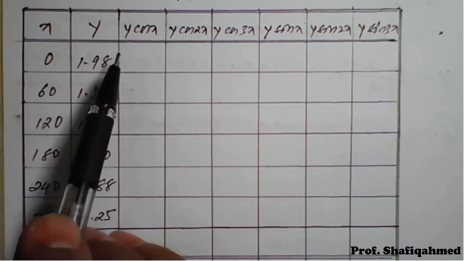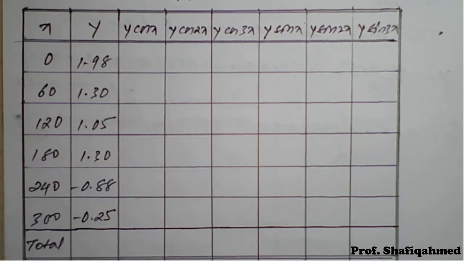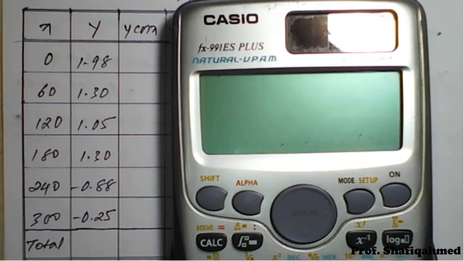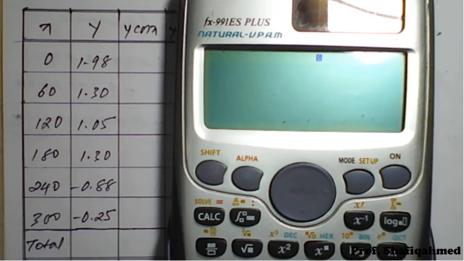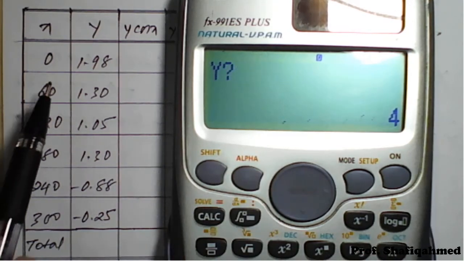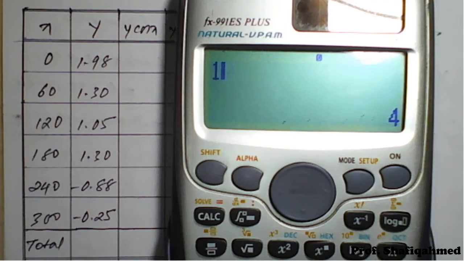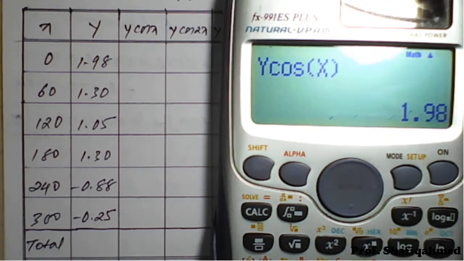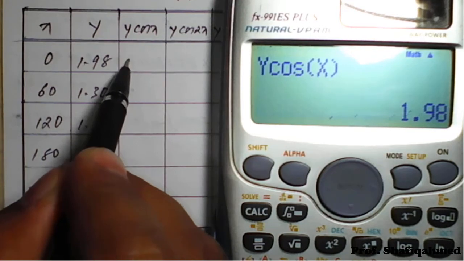Again, we will prepare a formula in the calculator, that is y cos of alpha x, close the bracket, calc option. When the value of y is 1.98 and x is 0, the resultant will be what here? 1.98. So that value you have to enter here.